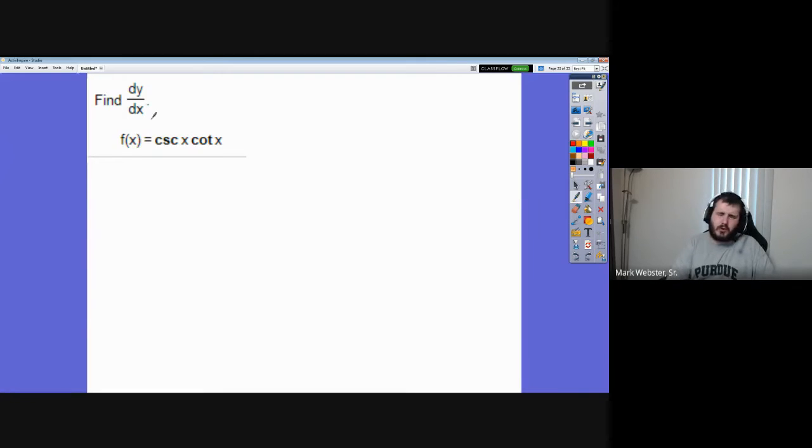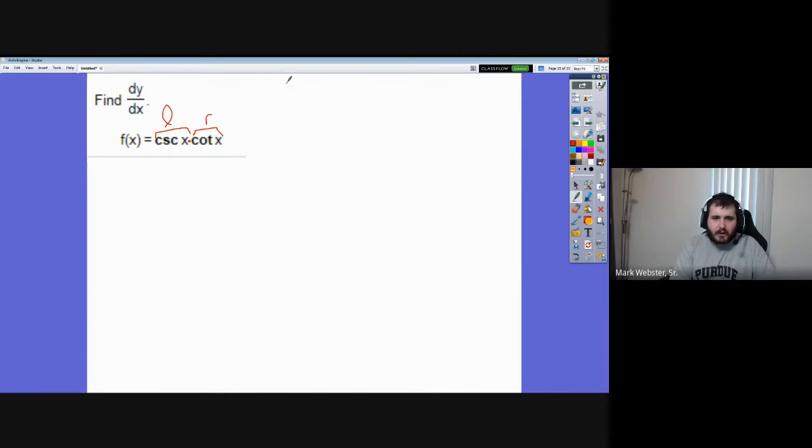Like, I could do, what would that be? Cosine squared over sine? No, my bad. Cosine over sine squared. I could do the derivative for cosine over sine squared, but why? When we know the derivative for cosecant, we know the derivative for cotangent, right? This is a product rule.